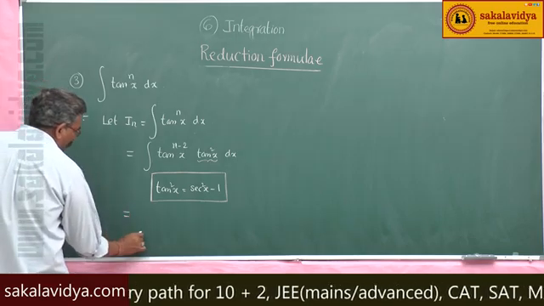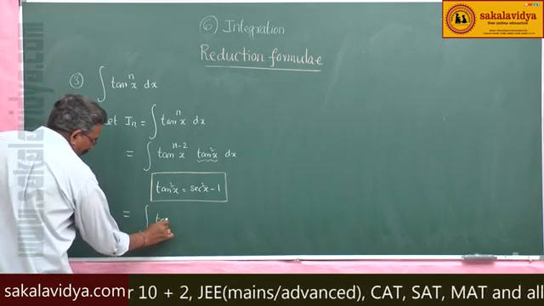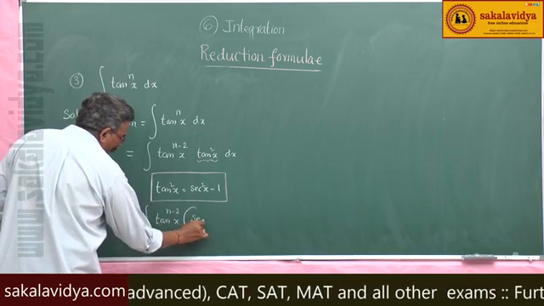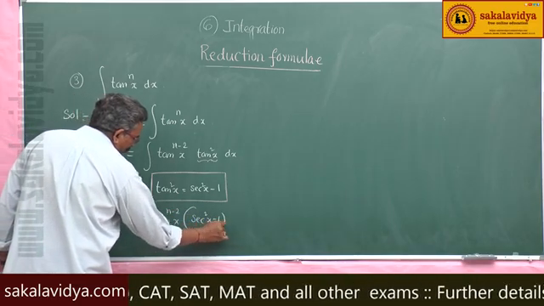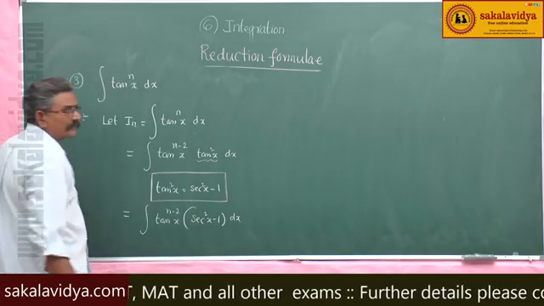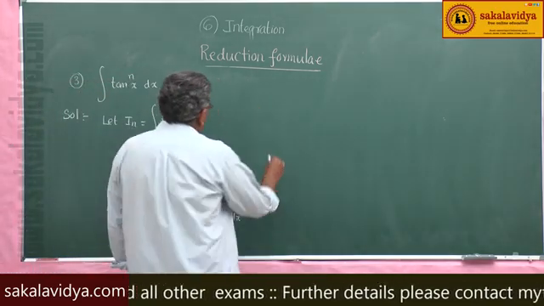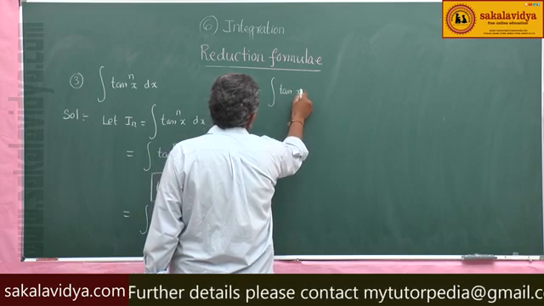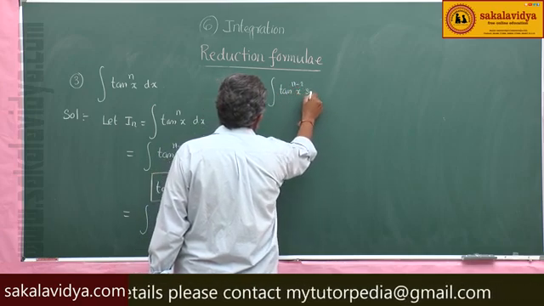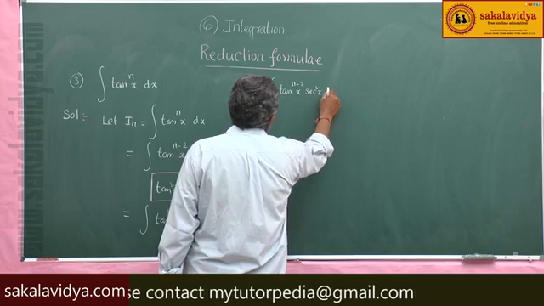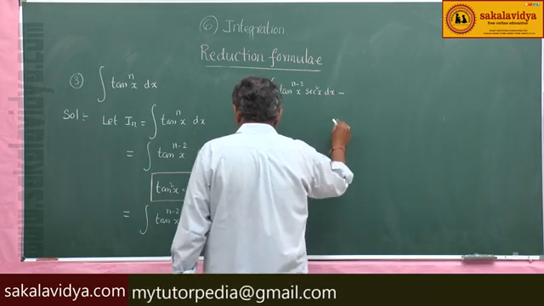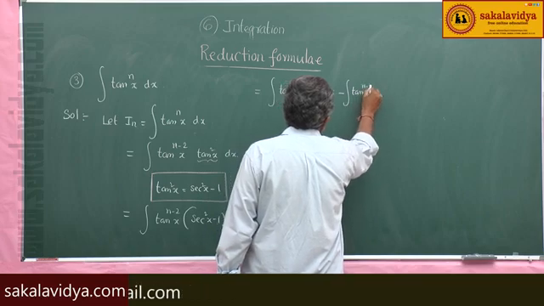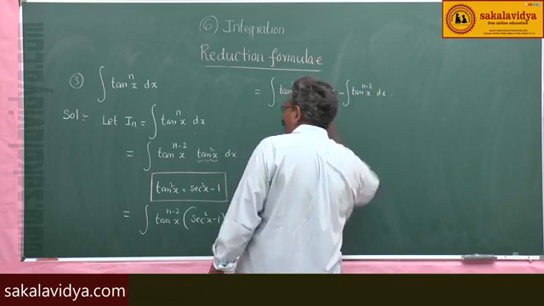So this is equal to tan x to the power of n minus 2 into secant square x minus 1 dx. So this we can write integral tan x to the power of n minus 2 secant square x dx minus integral tan x to the power of n minus 2 dx.